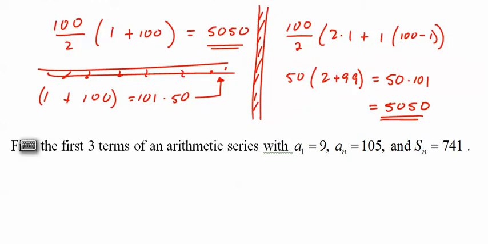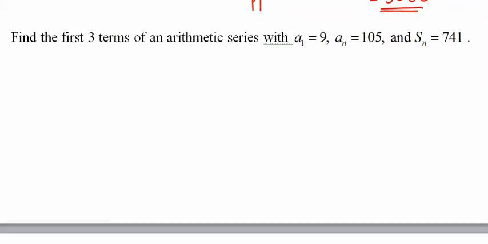Let's go backwards. Find the first 3 terms of an arithmetic series with A1 equals 9, AN equals 105, SN equals 741. 741 equals N over 2, 9 plus 105.